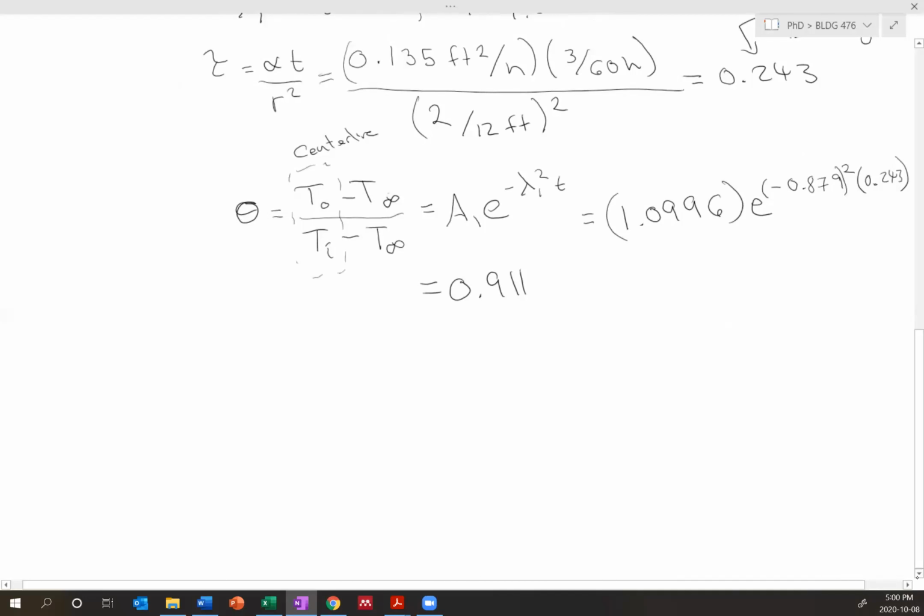And then we were looking for our temperature at our center line, so we're trying to find this. So when we reorganize that, we'll get a T naught. Actually, I can just do this. So we have T naught is equal to T infinity plus 0.911 times Ti minus T infinity.